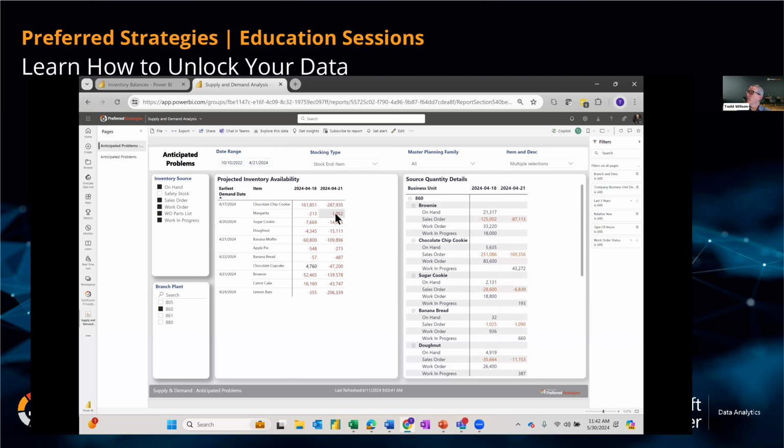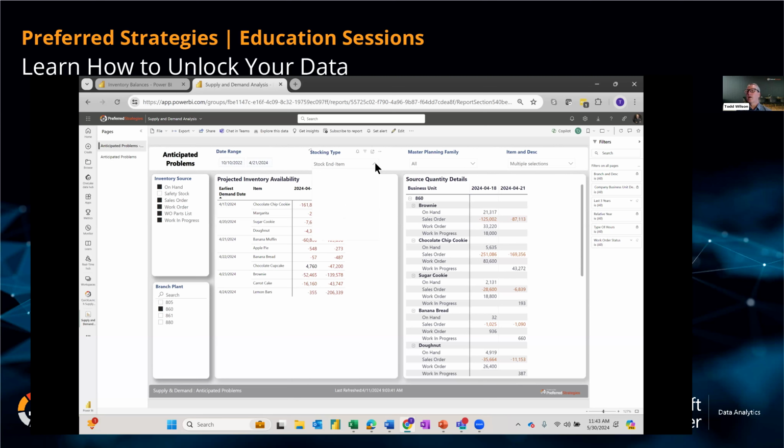So what's behind that? What is driving that? Now, before I start drilling down into the detail, I just want to point out that we've got a lot of capability here to filter based on what is most important to me. So for example, not just dates, but stocking types. We may only want to focus on our finished goods stocking types. That may be the real big focus for us.